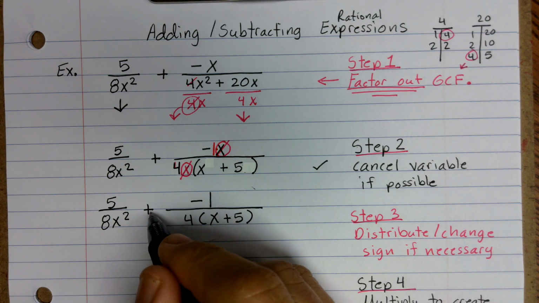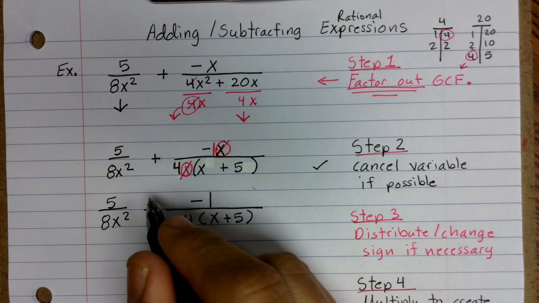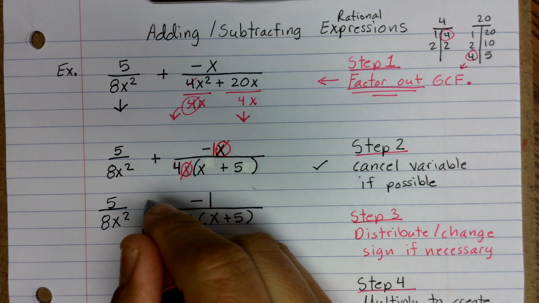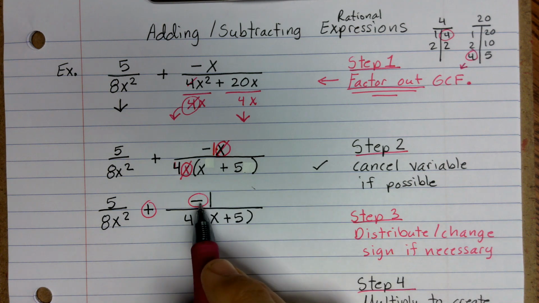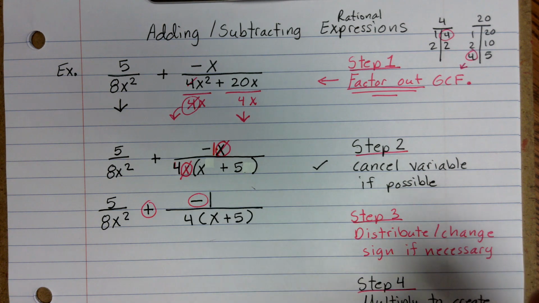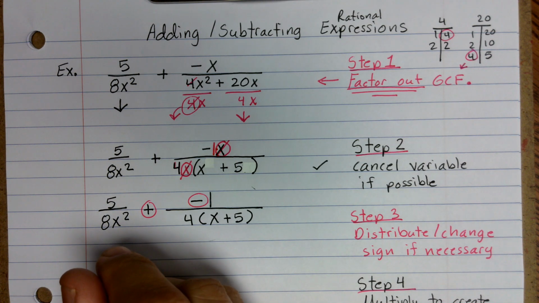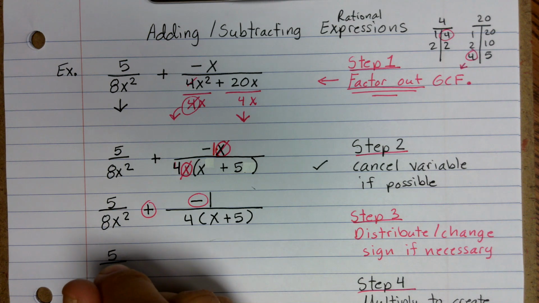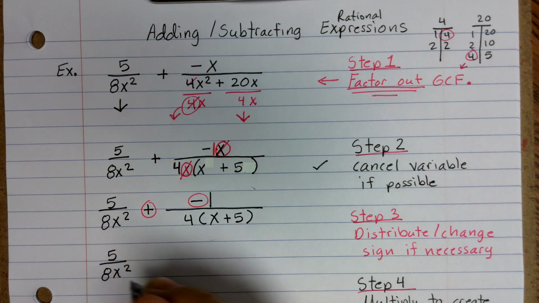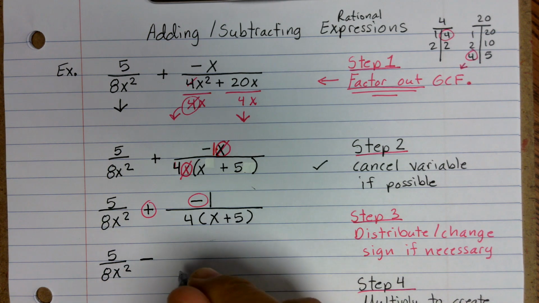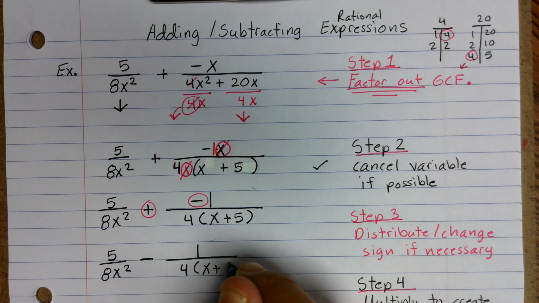Anytime you multiply a positive and a negative, the negative is going to win: a positive times a negative is a negative. So we're going to rewrite this now as 5 over 8x squared minus 1 over 4x plus 5.